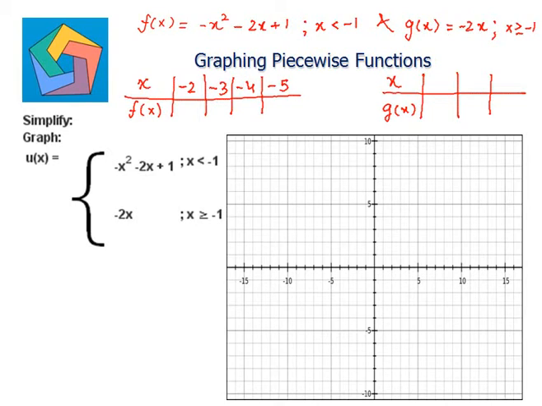And for g of x, let me say negative 1, 0, 1, since they have to be greater than or equal to negative 1. Since x equal to negative 1 is dividing this function, let me draw a fence or a line at x equal to negative 1.